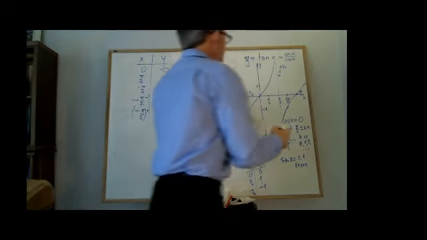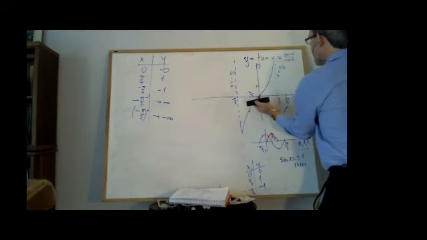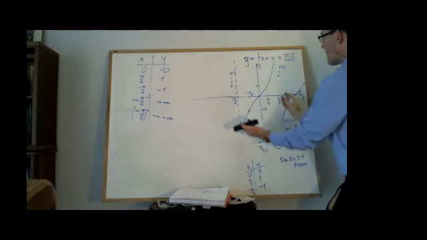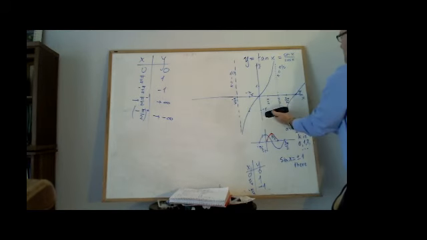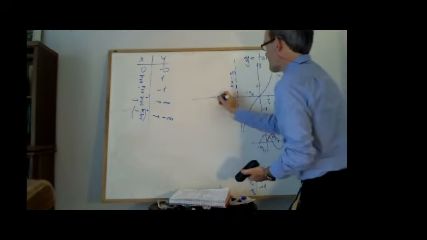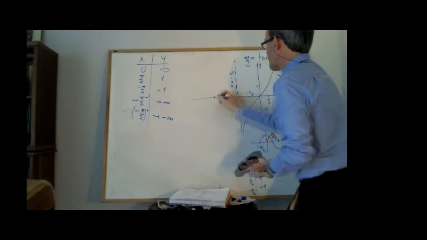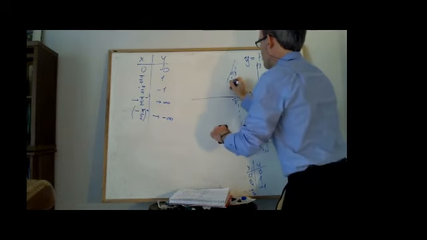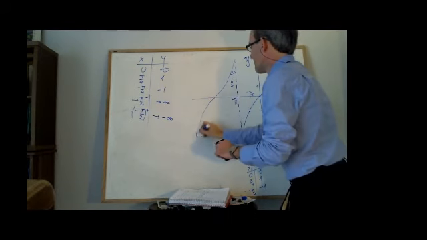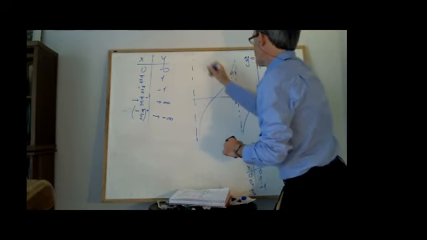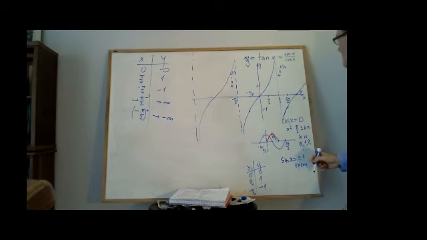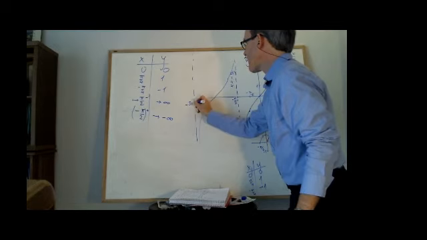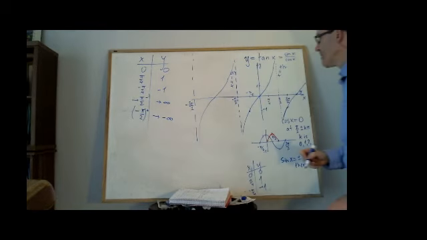So I can take the period to be from here to here, but it makes a lot more sense to take it to be from here to here, because that's all one continuous line. So this part gets repeated to here and over to here. And these asymptotes are all shifted relative to each other by pi or minus pi.